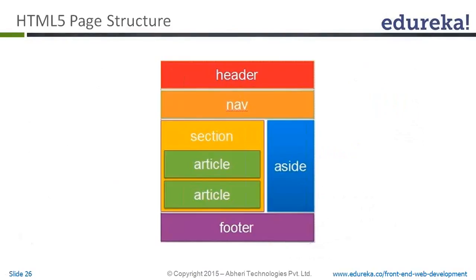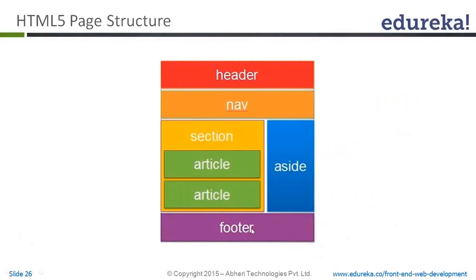This is the generic page structure of an HTML5 page. As you can see in the one indicated in red, at the top you generally have a header, which can contain a logo, menu items, a search box, anything the designer feels is appropriate for the page.